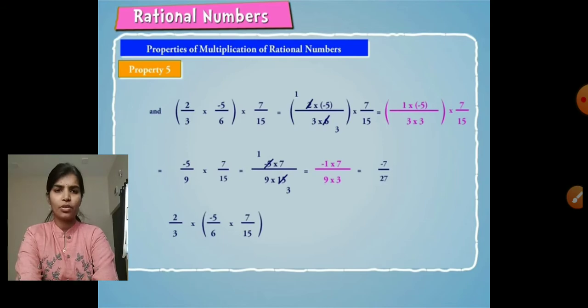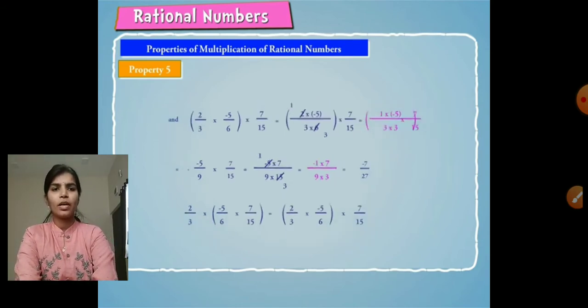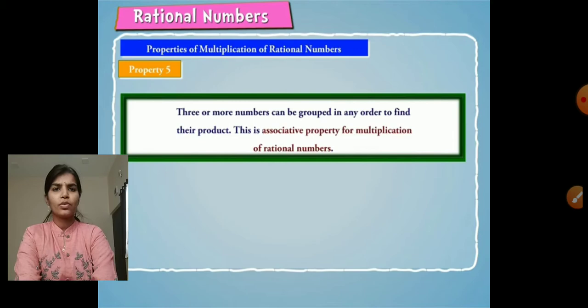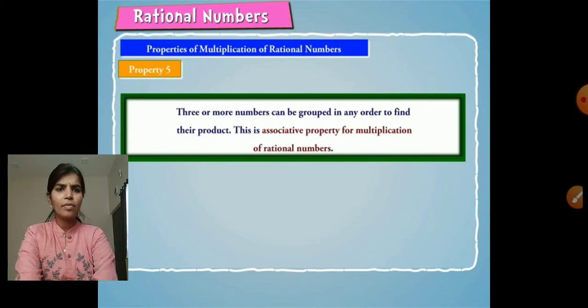So we write in short: 2 by 3 into, in bracket, minus 5 by 6 into 7 upon 15 is equal to 2 by 3 into minus 5 by 6 into 2 by 3 into 7 upon 15. So three or more numbers can be grouped in any order to find their product.